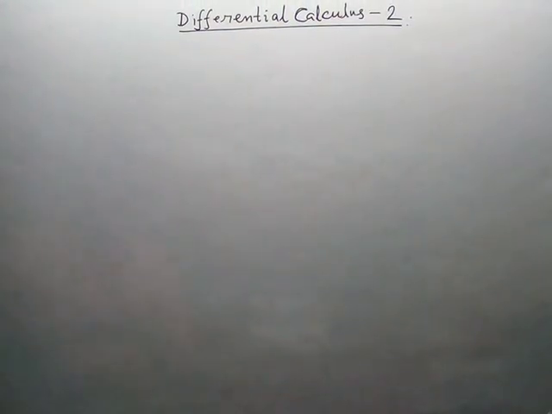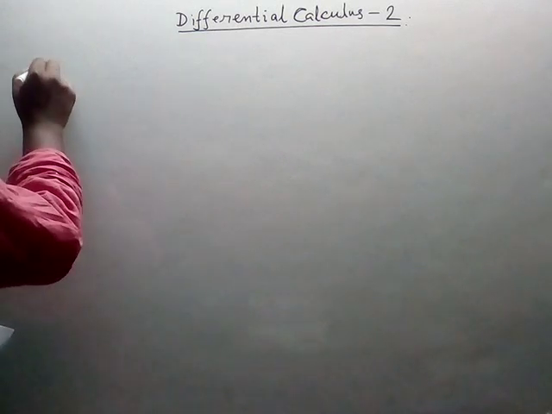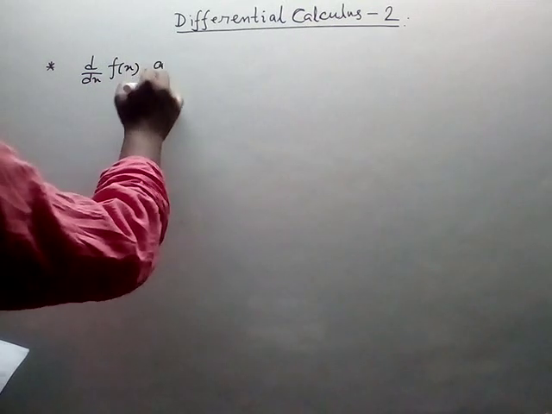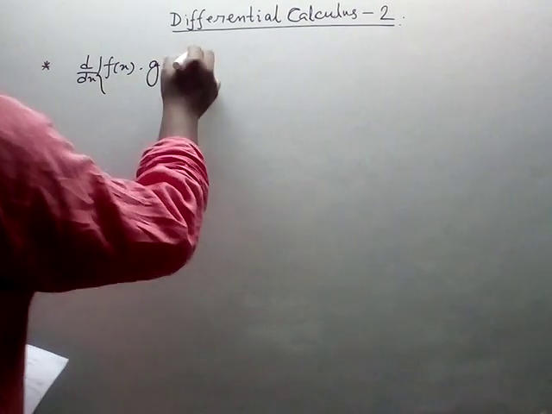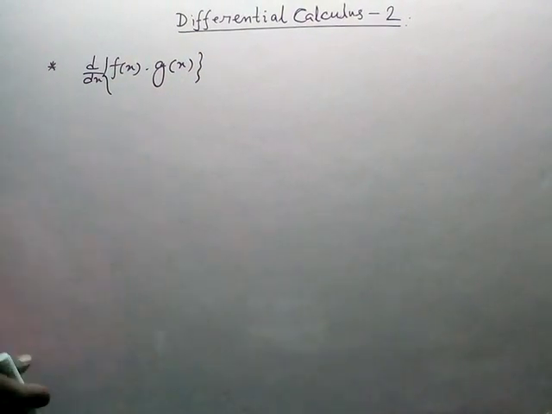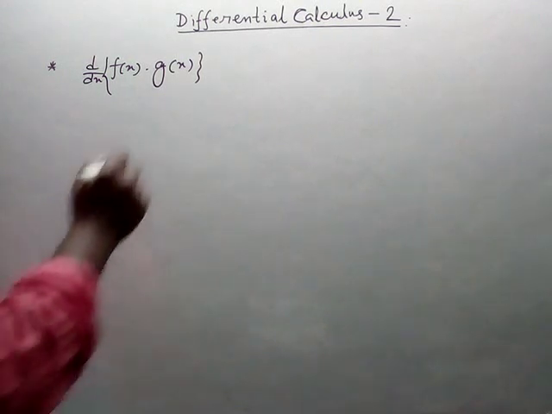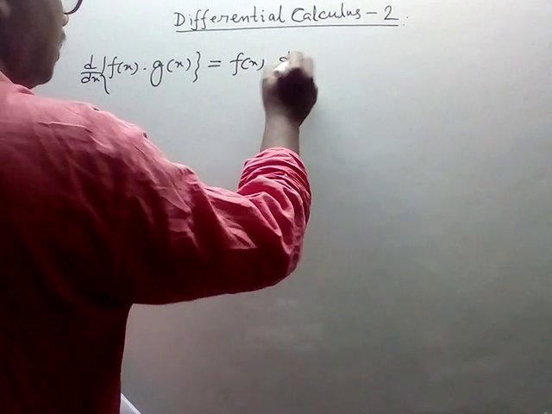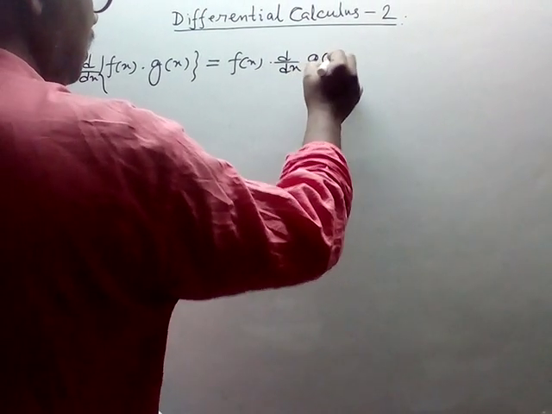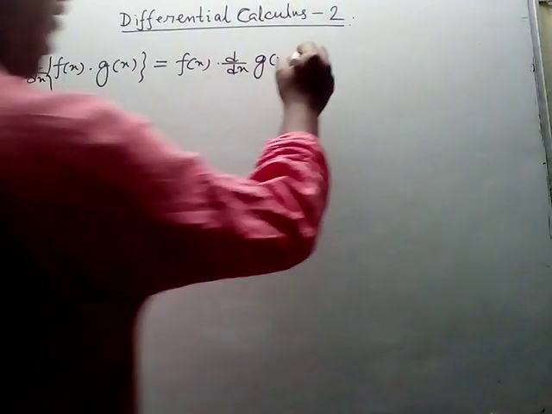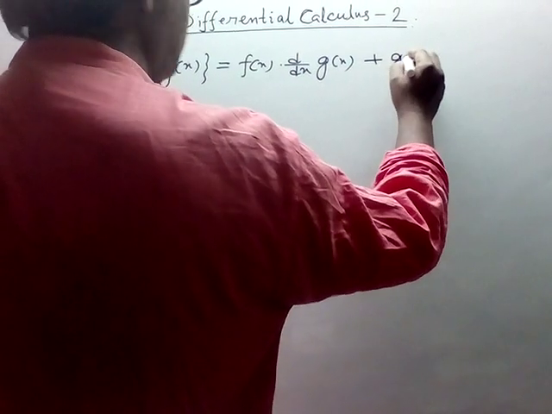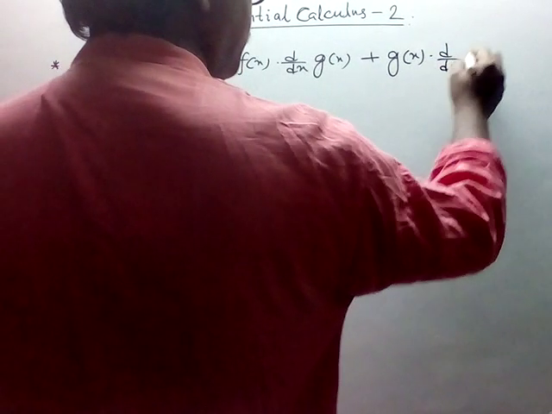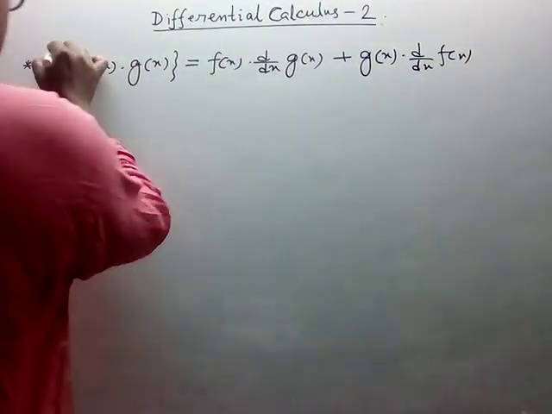Now, d/dx of f(x) into g(x), that is, the derivative of a product of two functions, equals f(x) into d/dx of g(x) plus, keeping g(x) the same, d/dx of f(x).